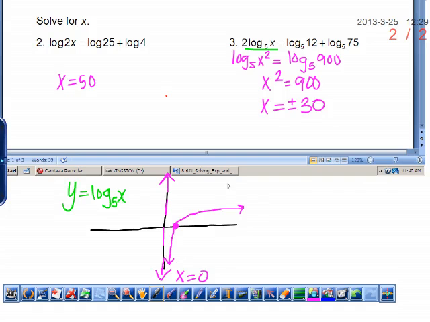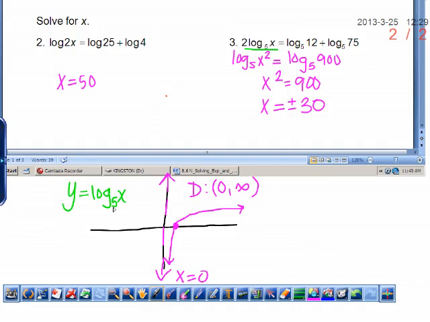What is the domain of this graph? Is 0 included or not? Would you agree that the domain represents my x values? Where is the x in our original parent function equation?